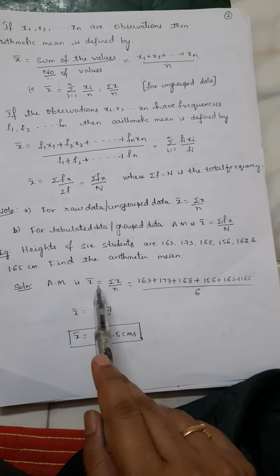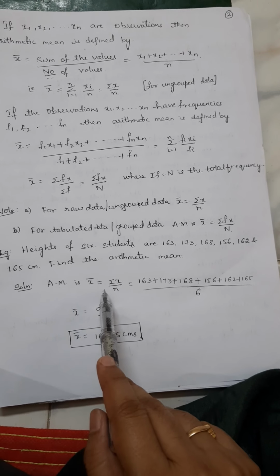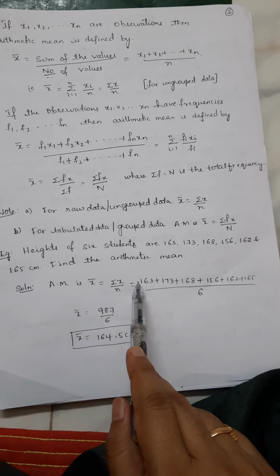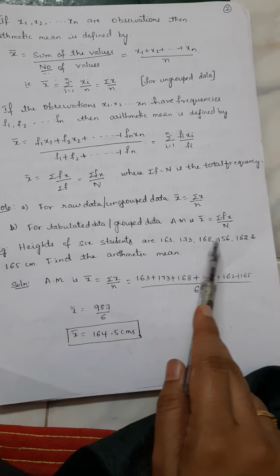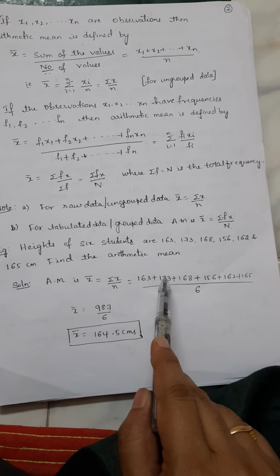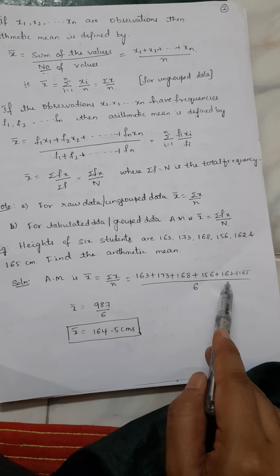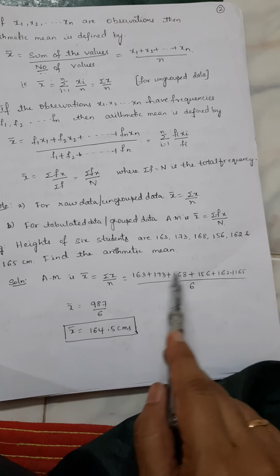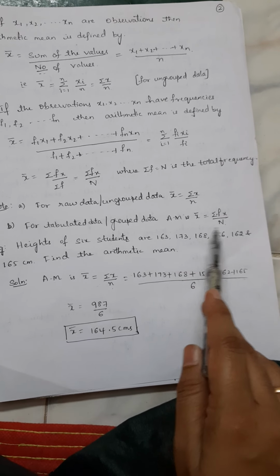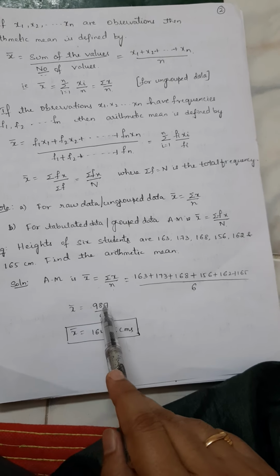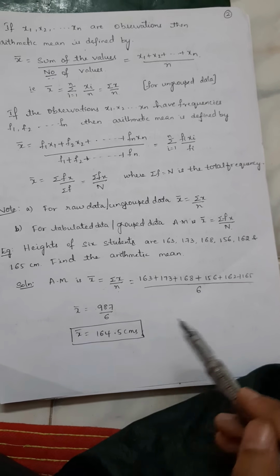Arithmetic mean is x bar equals summation x divided by n. Summation x means 163 plus 173 plus 168 plus 156 plus 162 plus 165, whole divided by the number of values, which is 6. So x bar equals 987 divided by 6, which is 164.5 centimeters.